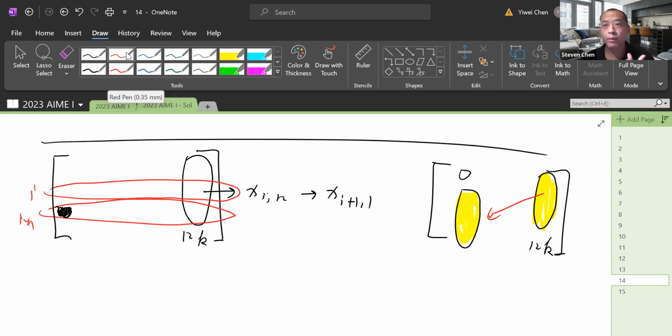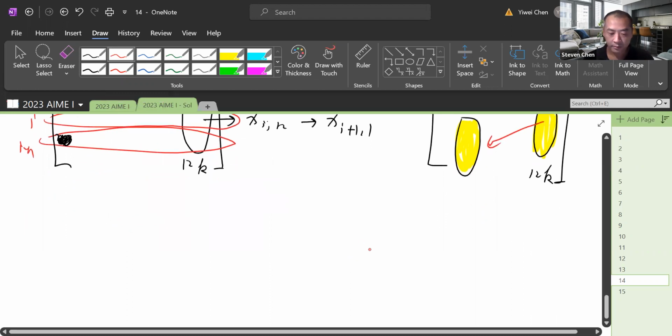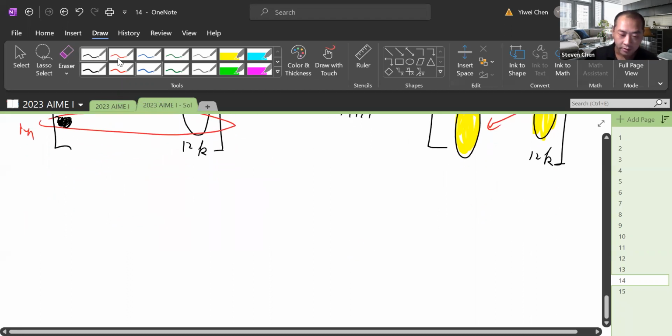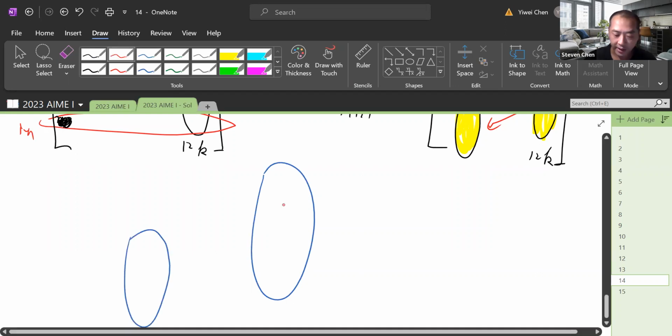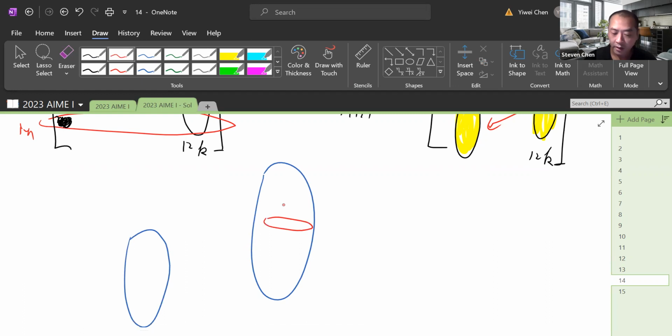But now I want to look at this particular number. Okay. So let me just zoom in. Say, I want to look at this particular number, whose remainder is 11. All right.